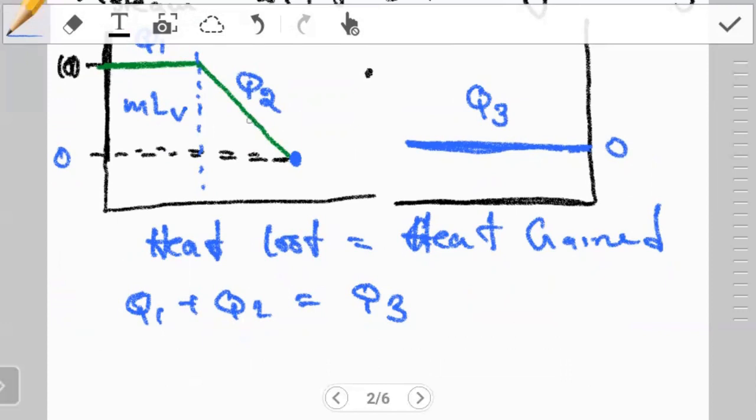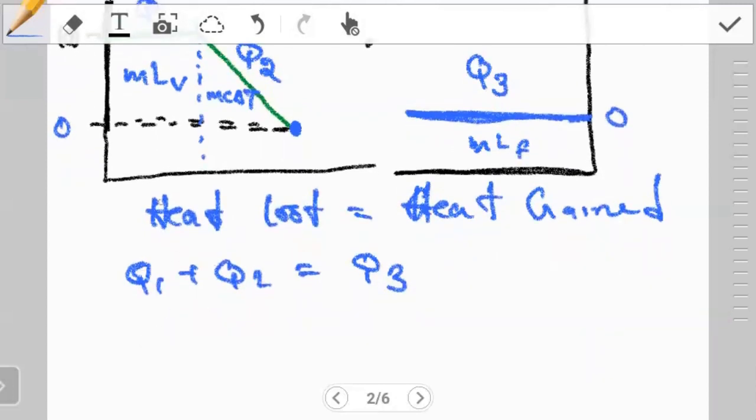And then this, of course, is change in temperature. So this is going to be MC change in T. And then here, of course, the ice is just changing from solid, so there's no change in temperature. This is ML, but because this is from solid, that has to be fusion. Okay, so we substitute, we place our formulas.